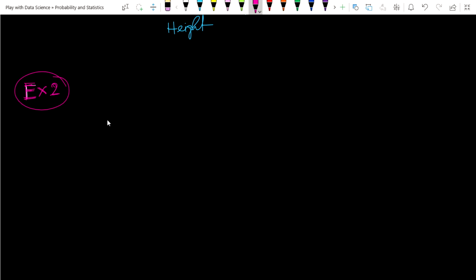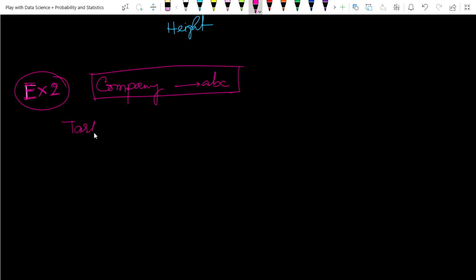Here I am taking the example of the salaries of the people in a company. Suppose I am working in a large company, and my task is to find the salaries of all employees.